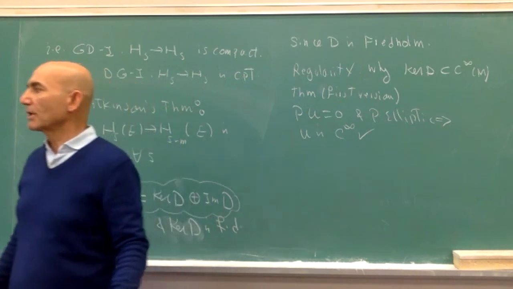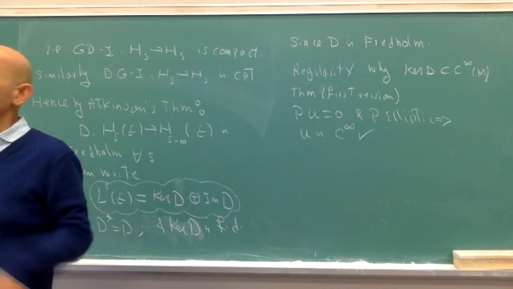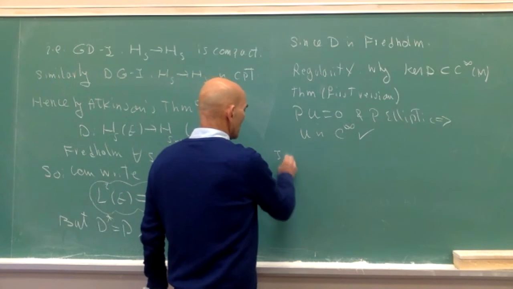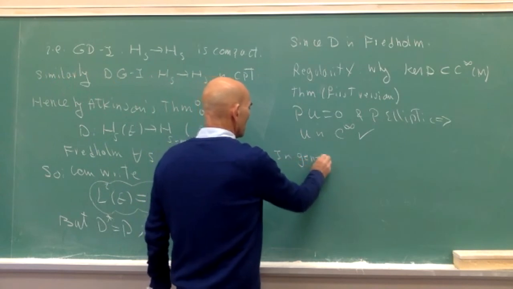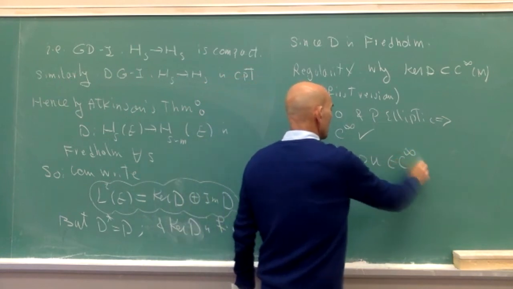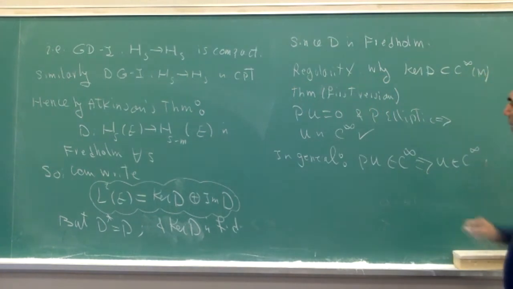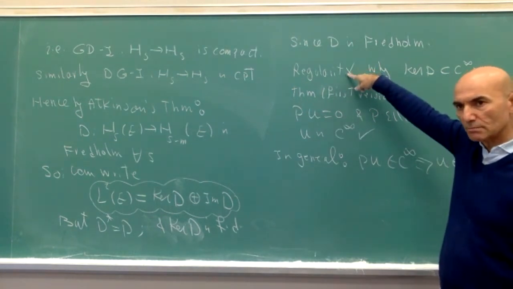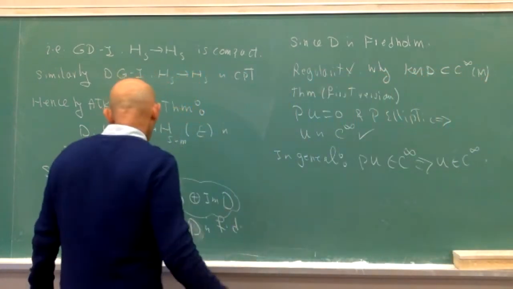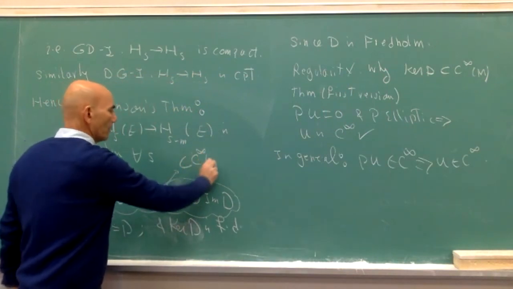And the second regularity result was that if P of U is C infinity, then U must be C infinity itself. So in general, P of U belongs to C infinity implies that U belongs to C infinity. Okay, but this is enough for this statement. So we know so far that this is inside C infinity of E.